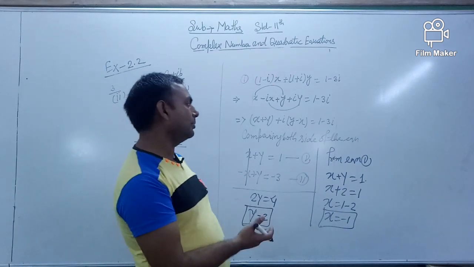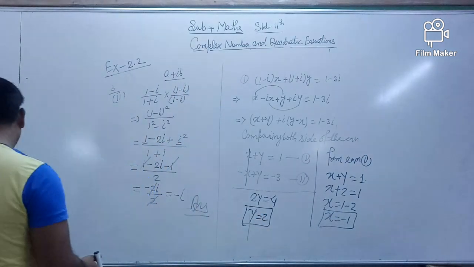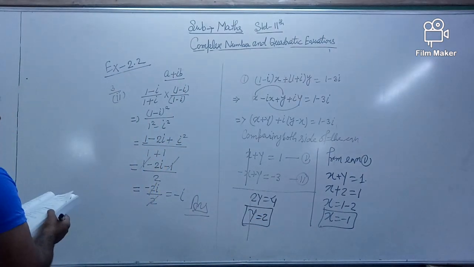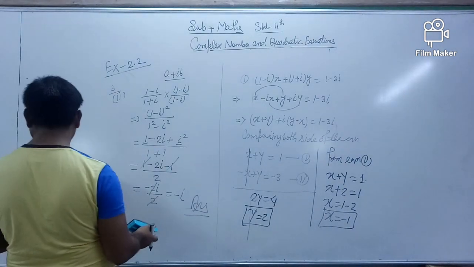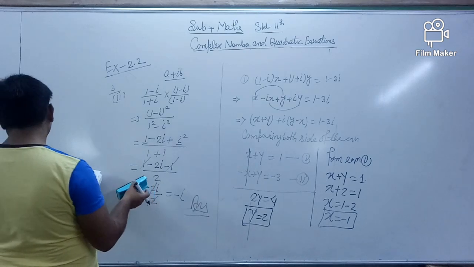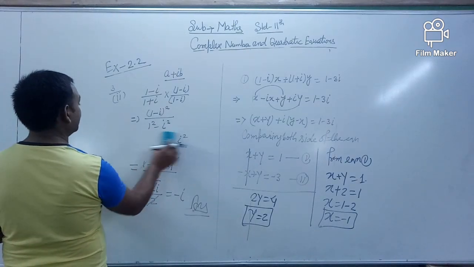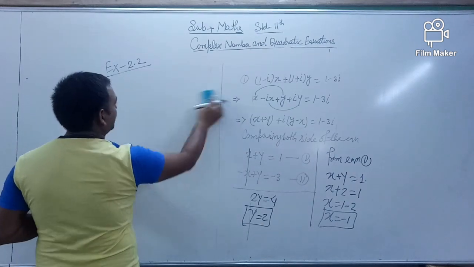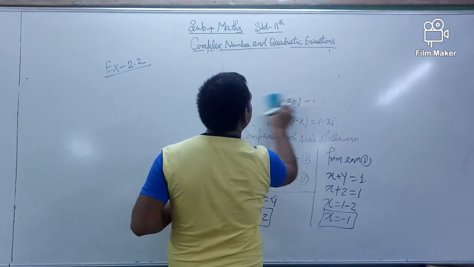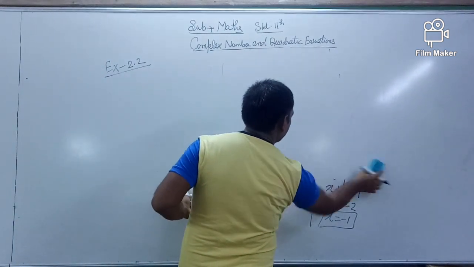Similarly, you can also solve other examples; after the comparison you can find the values of x and y. Next question: find the conjugate of each of the following complex numbers. Then how can you find the conjugate of a complex number?